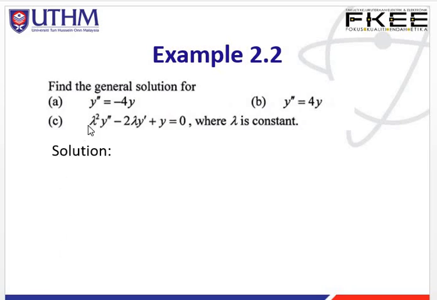The third question is lambda square y double prime minus 2 lambda y prime plus y equals 0, where lambda is a constant. When you convert to m, you have lambda square m square minus 2 lambda m plus 1 equals 0.